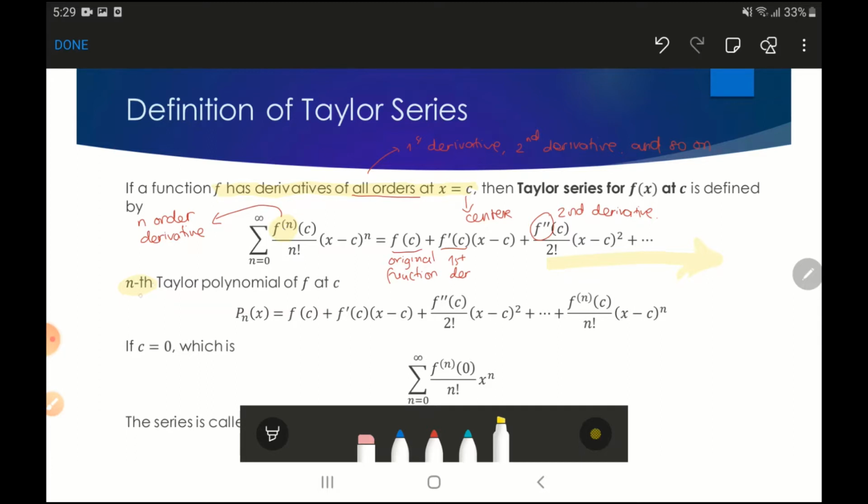We call it the nth Taylor polynomial of f at c, so P_n(x) is the nth Taylor polynomial of f at c. We stop expanding the series at n. For example, with P_5(x), we expand until (x minus c) to the power of 5.